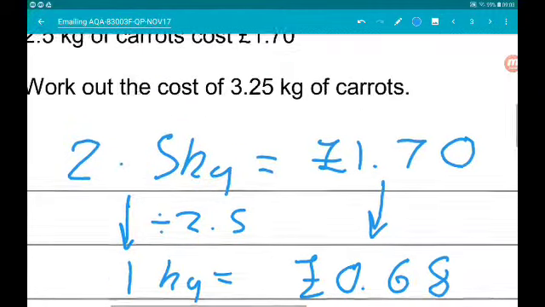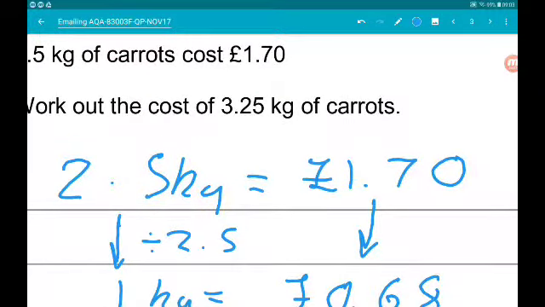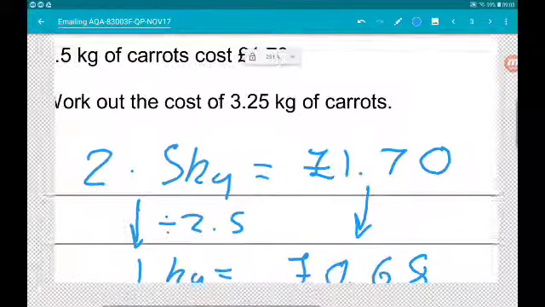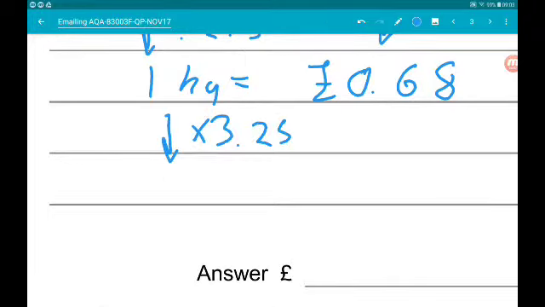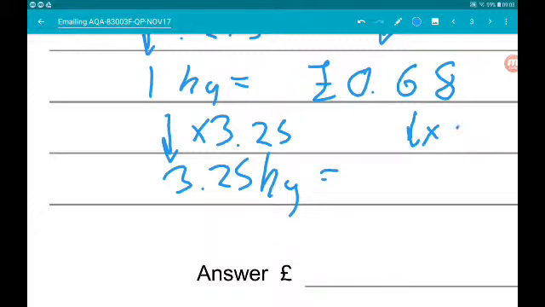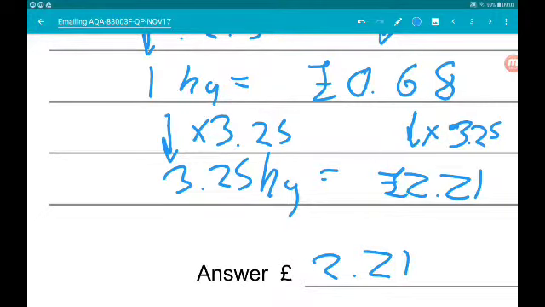We then want to know how much 3.25 kilograms costs, so we multiply 1 kilogram by 3.25. So we multiply 0.68 by 3.25, and that gives us £2.21.